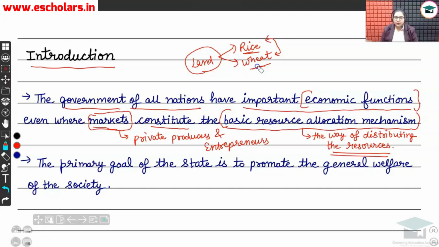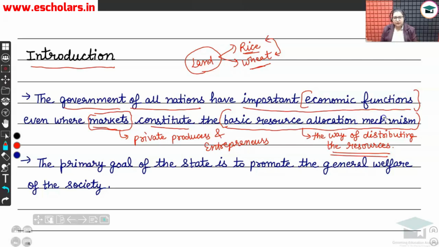Right? So the government of all nations have performed various economic functions even if the private producers and entrepreneurs are also working the same. Right? Basically the private producers and entrepreneurs are also doing the basic resource allocation mechanism. So it is not so that if private sector is engaged in carrying out the economic functions, then government has no role to play for economic functions.